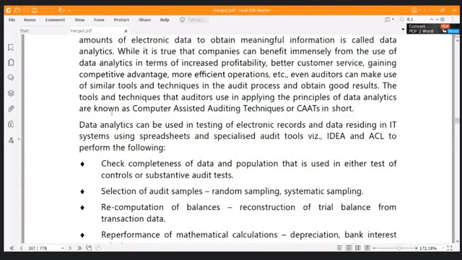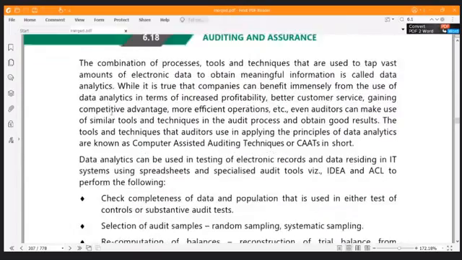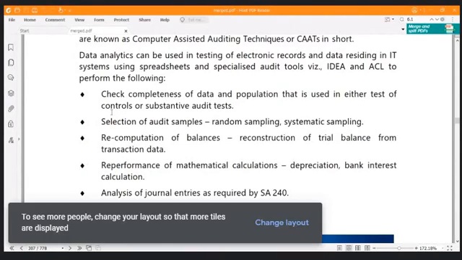Okay, so let's look at this point. We are at page number 6.18, the second paragraph. Data analytics can be used in testing of electronic records and data residing in IT systems using spreadsheets and specialized audit tools, that is IDEA and ACL, to perform the following.